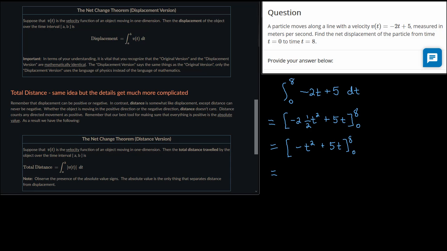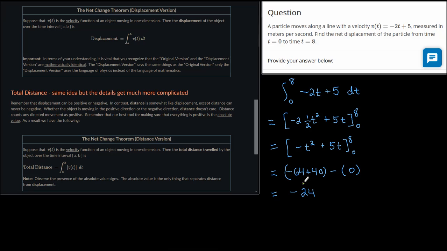If I plug 8 in there, I get negative 64 plus 40, and then I have to subtract what I get when I put 0 in there. But it's not hard to see that when you put 0 in, you get 0. So we wind up with negative 24, and that would be our final answer.